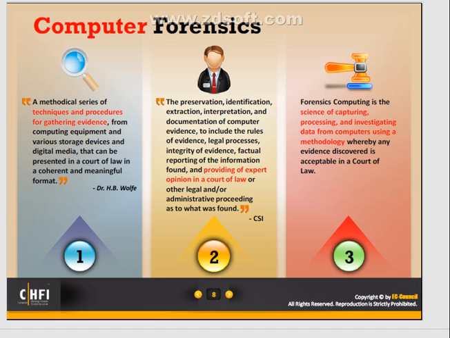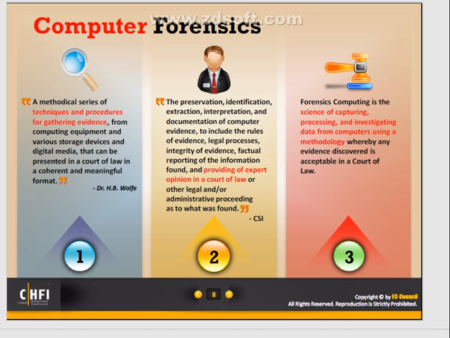So, from those definitions, there is something that is actually common. In order for us to actually define what computer forensics is, we have to look into the definition in terms of 3 stages. The first one involves the gathering of data or the gathering of evidence.